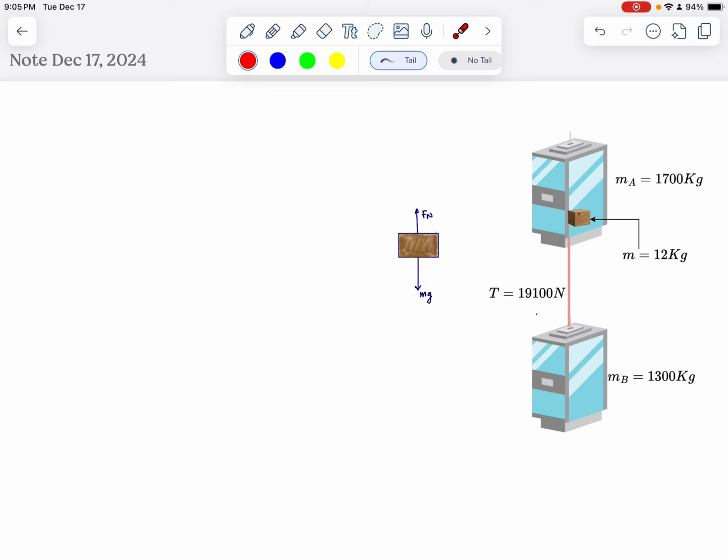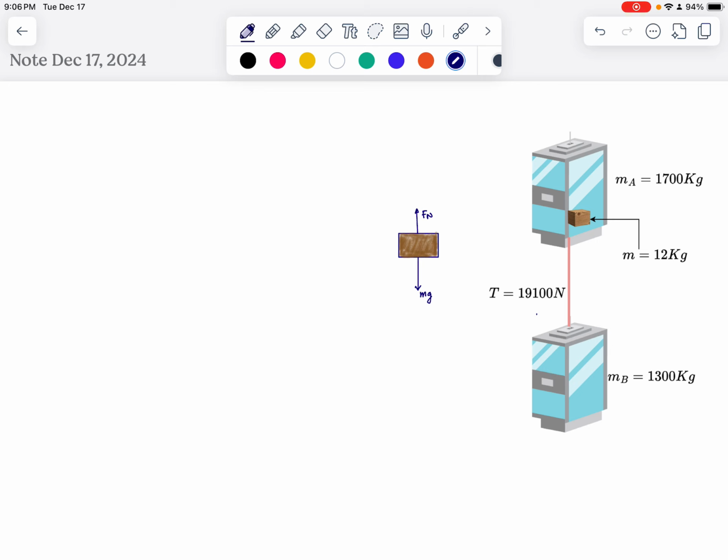The tension in the rope that links these two cars is given. The masses of these elevator cars are given and the mass of the box is given. We want to know what is the normal force that is experienced by this block that's sitting on the floor of the elevator. So let's get to it.